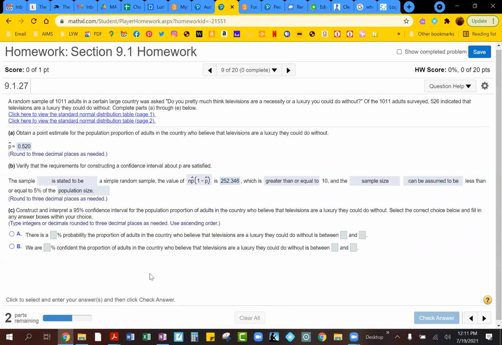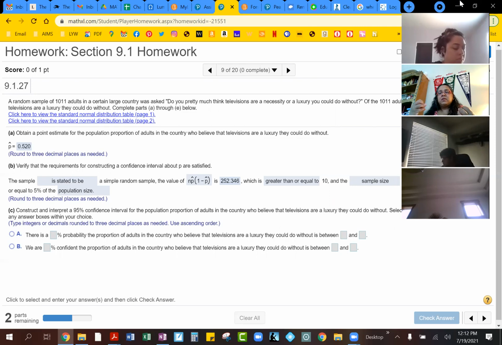Okay, that looks good. Now we are actually getting into constructing that 95% confidence interval. Now, when we're talking about a 95% confidence interval, we're not really talking about the probability that 95% of the people are in favor or against television.